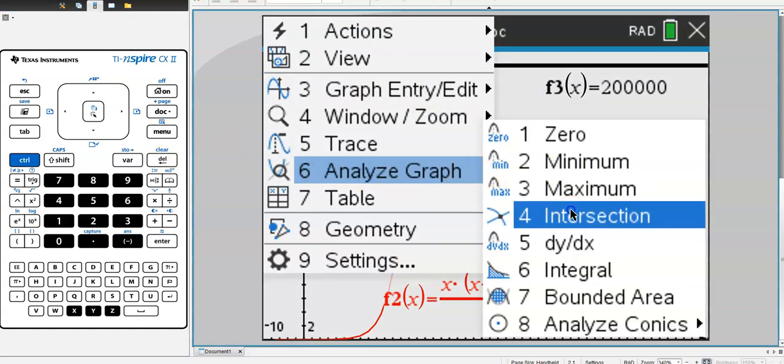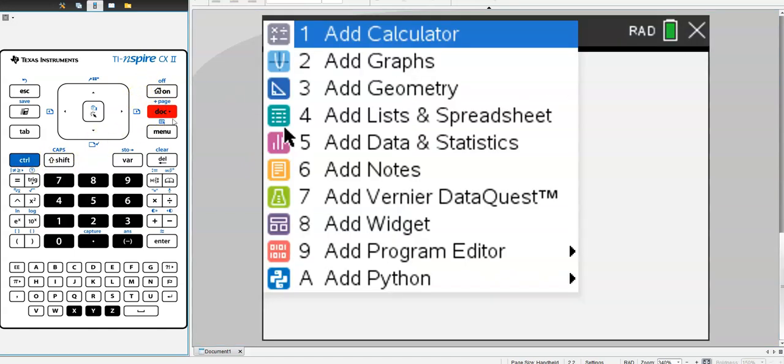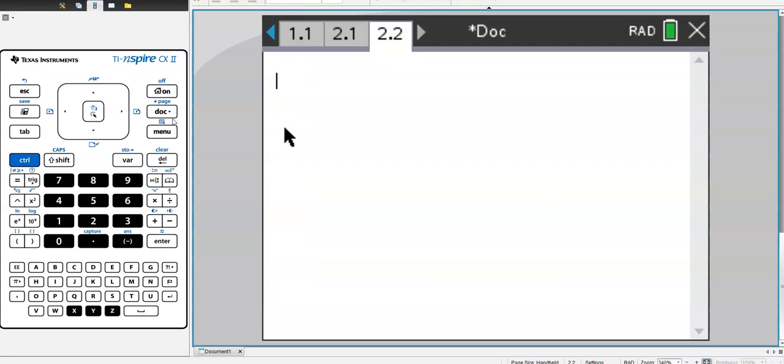We go to menu, analyze graph, intersection, and we have 26.5, which means our value of n is going to need to be 27, because we need to round up. We could just as well have gone nSolve.